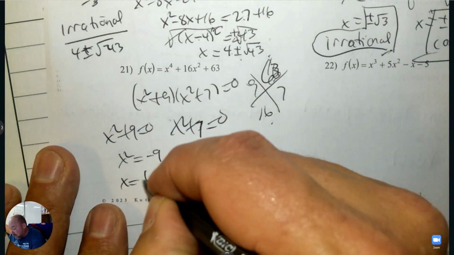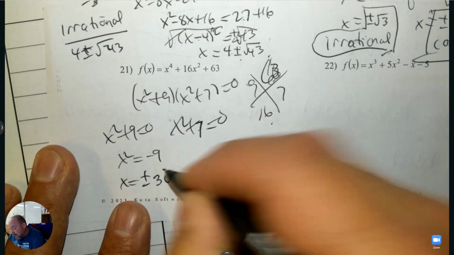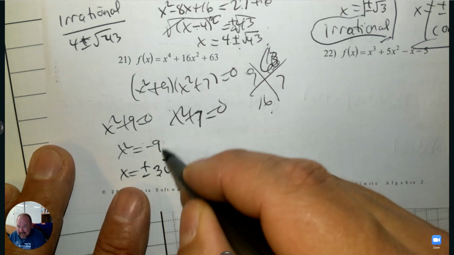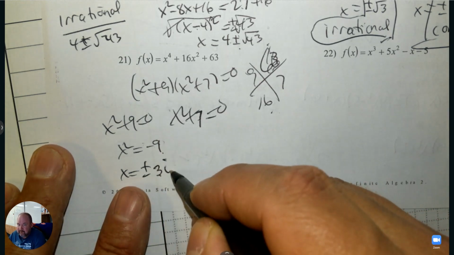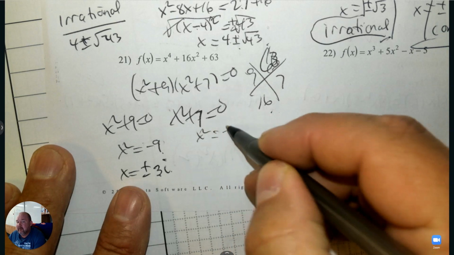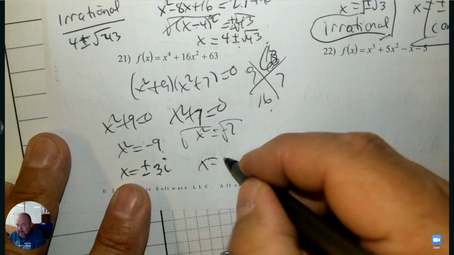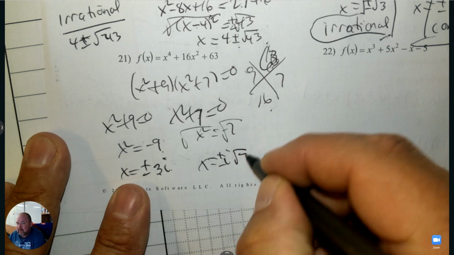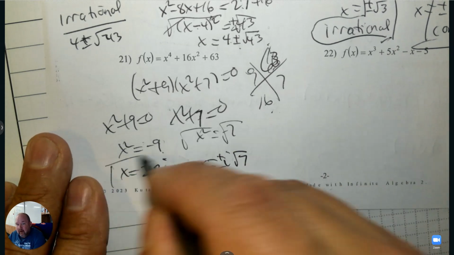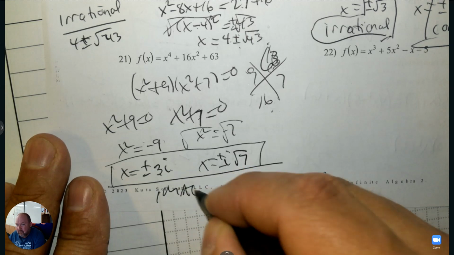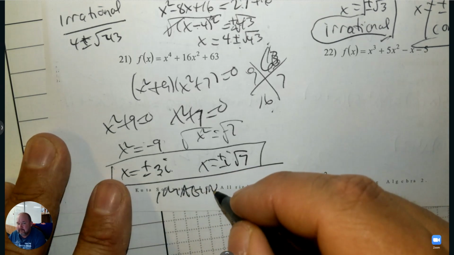And again, when I square root, it's going to have an imaginary number. I know I can square root 9, that's 3, but the square root of -9 is 3i. Here, again, I'm going to subtract 7, and when I square root, the answer is going to be imaginary. It's plus or minus root 7, I can't simplify. So all of the zeros, every one is imaginary or complex. Both are fine.